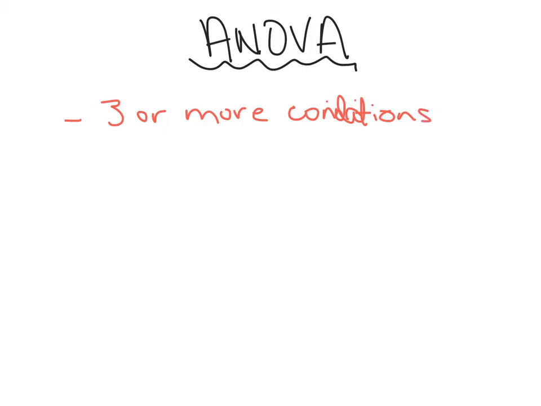So it's very similar to the t-test, except for now we have 3 or more conditions. This is why we would use the one-way ANOVA. The dependent variable is measured in all 3 or more conditions.